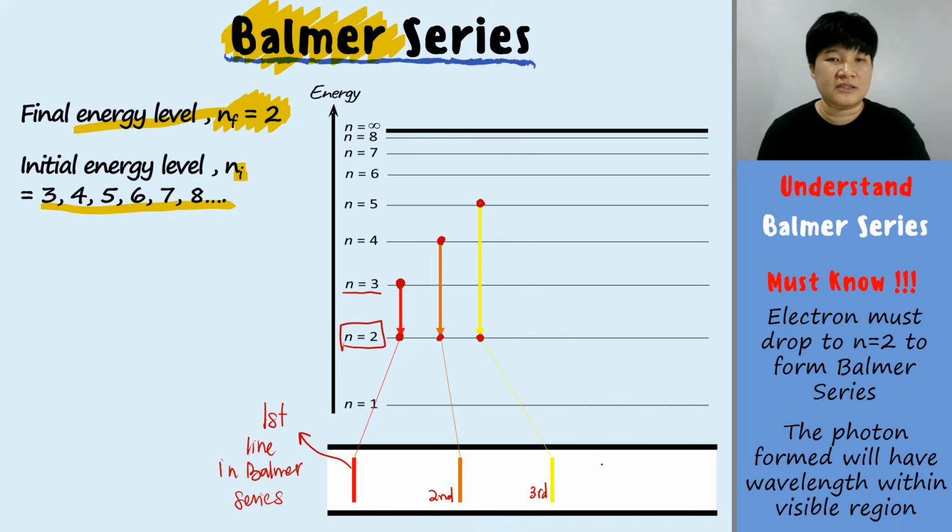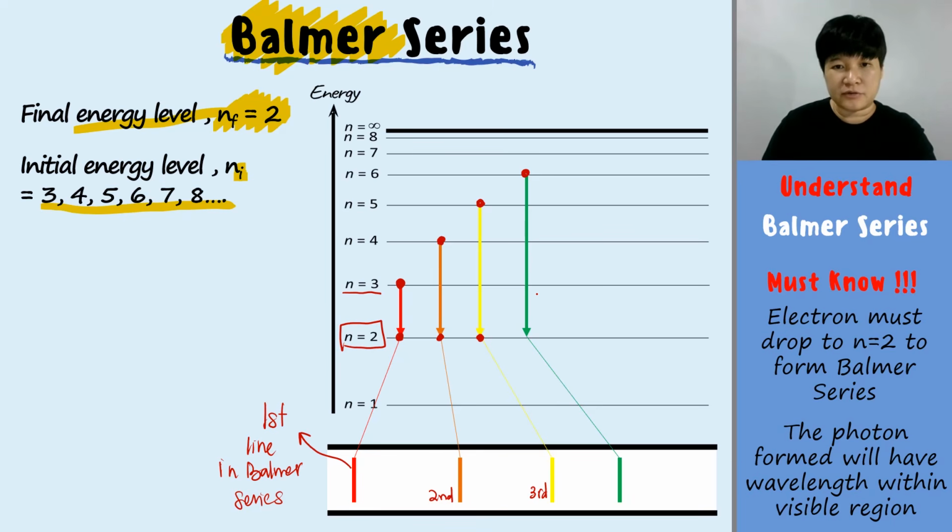Where does the fourth line come from? The electron drops from n equals 6 to n equals 2, producing the fourth line. The fifth line is from n equals 7 all the way down to n equals 2.